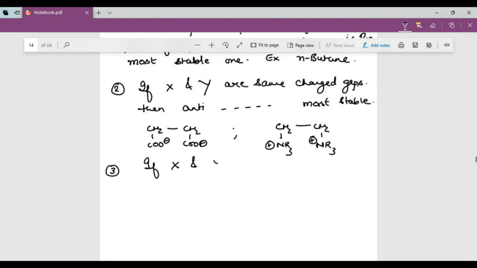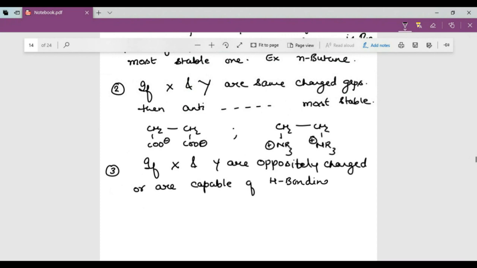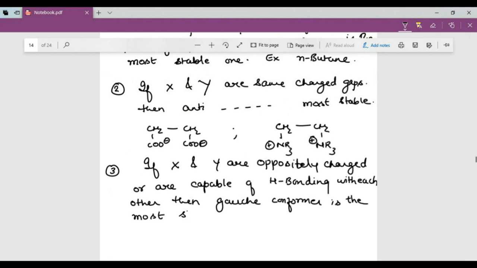If X and Y are oppositely charged or are capable of hydrogen bonding with each other, then the gauche conformer is the most stable one.